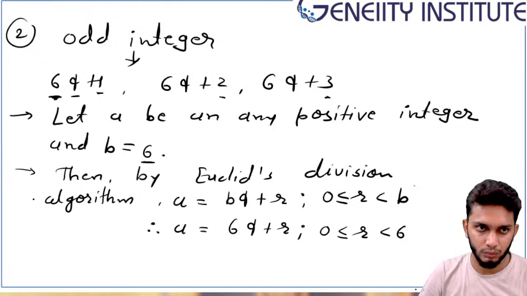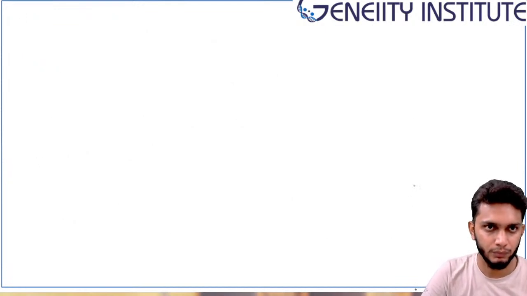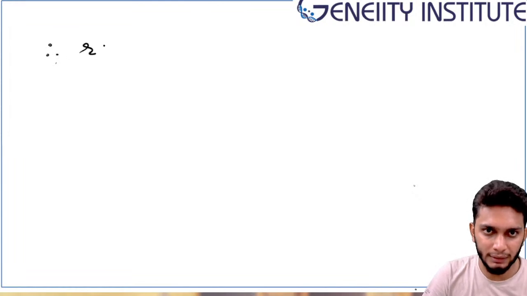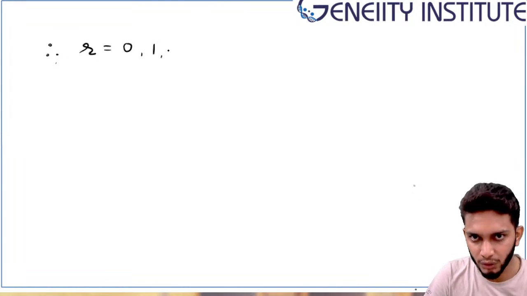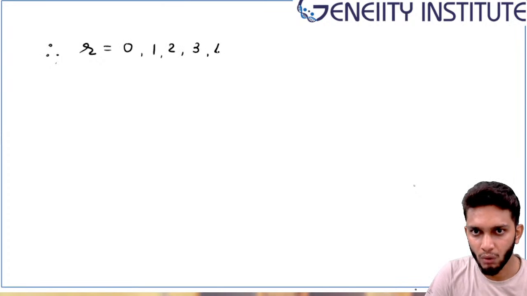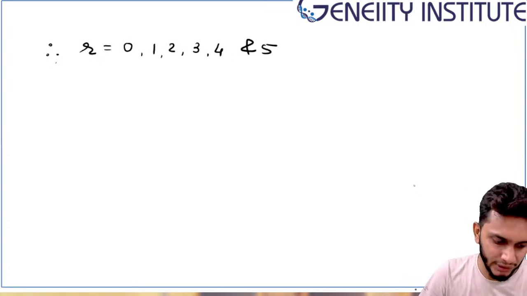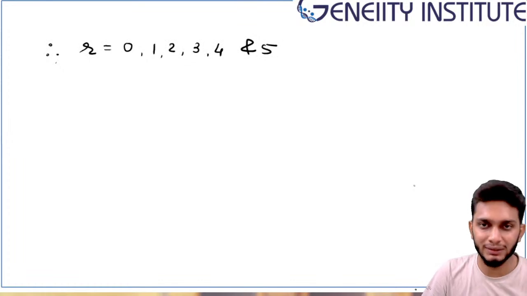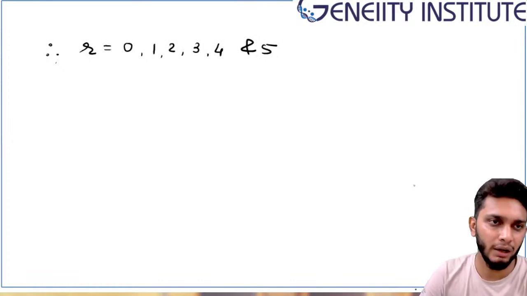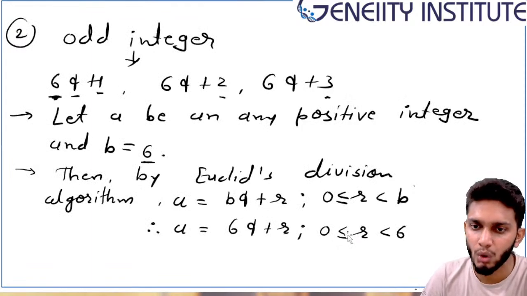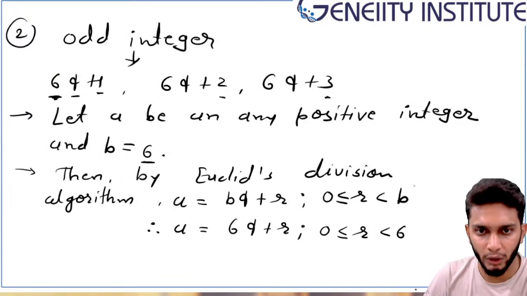Therefore, r is equal to 0, 1, 2, 3, 4 and 5. The value of r can be written as 0, 1, 2, 3, 4 and 5 because r starts from 0 up to 6. Okay.